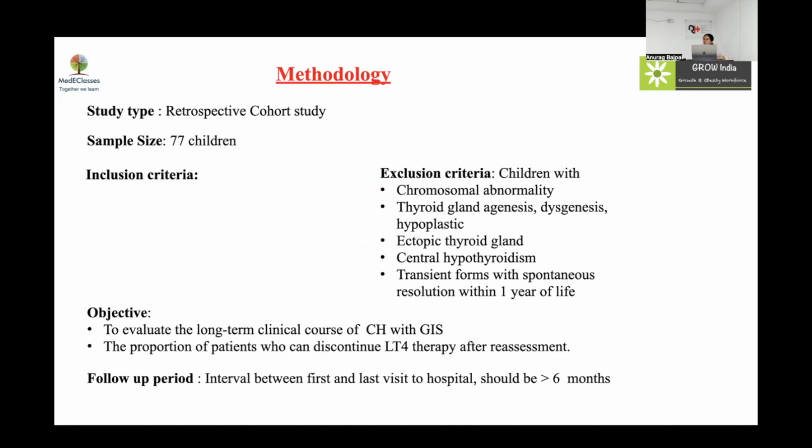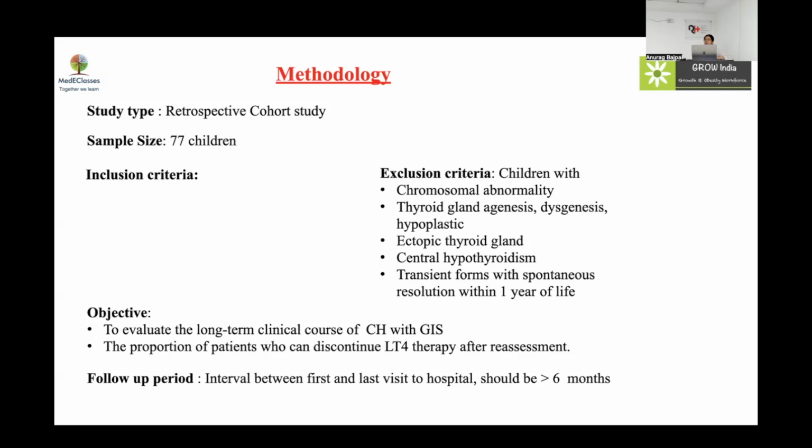The children with chromosomal abnormalities, thyroid gland agenesis, dysgenesis, hypoplastic thyroid gland, ectopic thyroid gland, or those having central hypothyroidism or transient forms of hypothyroidism which resolved within 1 year of life were excluded in this study.